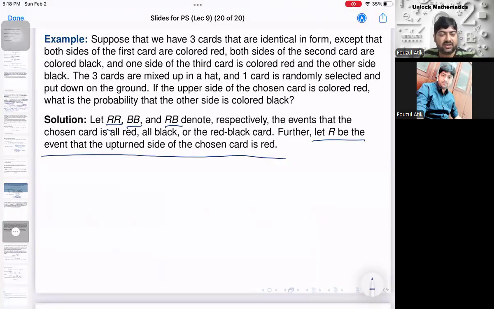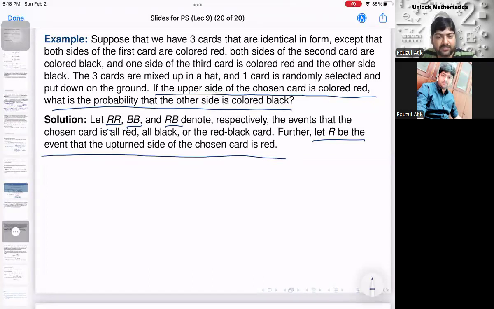What you have to find here, by looking at the question, is: if the upper side of the chosen card is red, what is the probability that the other side is colored black? So it is the probability of this event, given that the upper side of the chosen card is colored red.